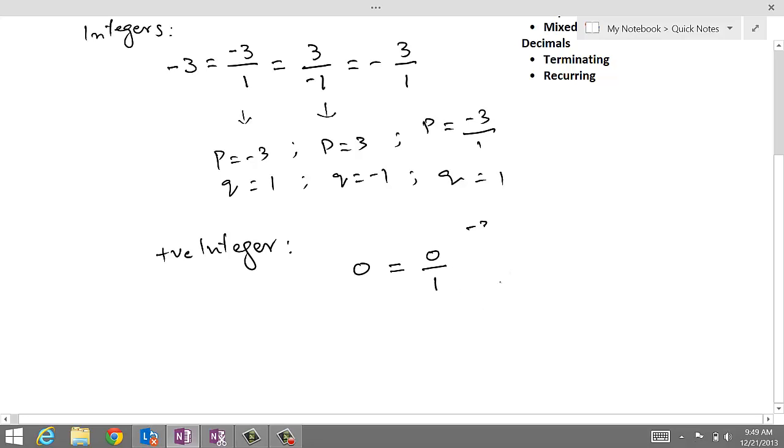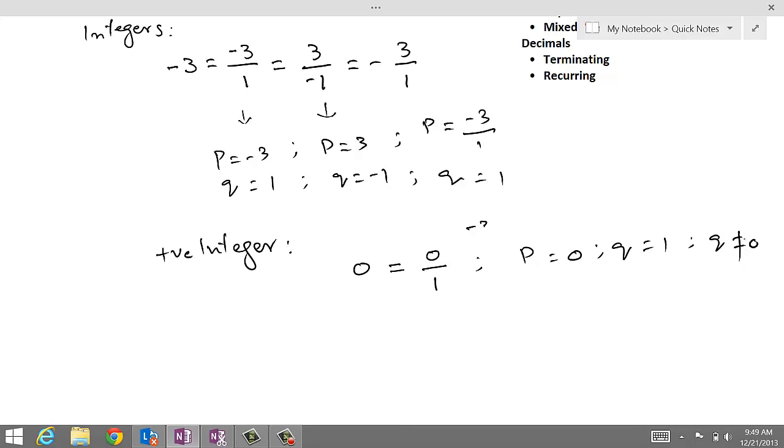So comparing it with p over q, p is equal to the numerator, that's 0, and q is equal to 1, which is the denominator, and q is not equal to 0. That condition is also satisfied. So therefore all the positive integers, all the negative integers, they are all rational numbers because all of them can be written in the form p over q, and that denominator doesn't have 0.